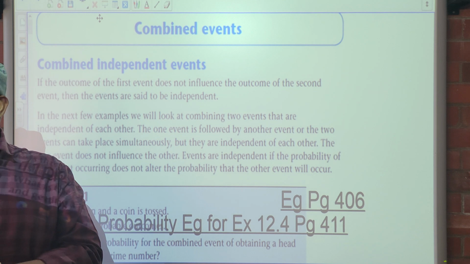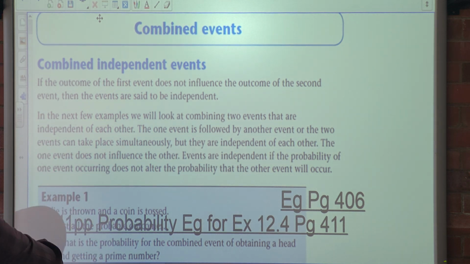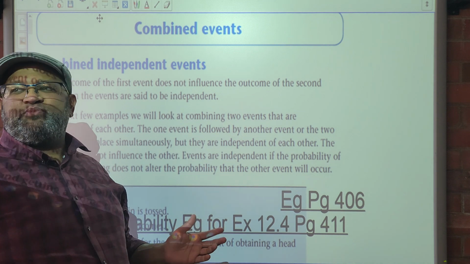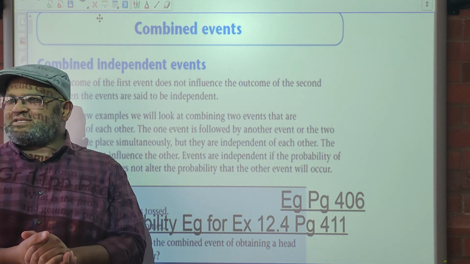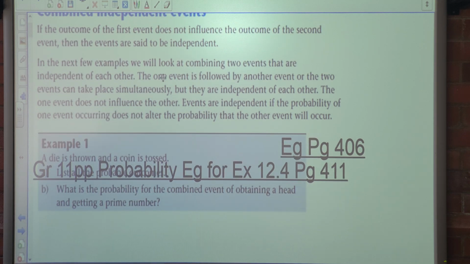Does it make sense? So here we are told that if the outcome of the first event does not influence the outcome of the second event, then the events are said to be independent. That means the card is put back in our example. You guys understand? Right. In the next few examples, we will look at combining two events that are independent of each other.